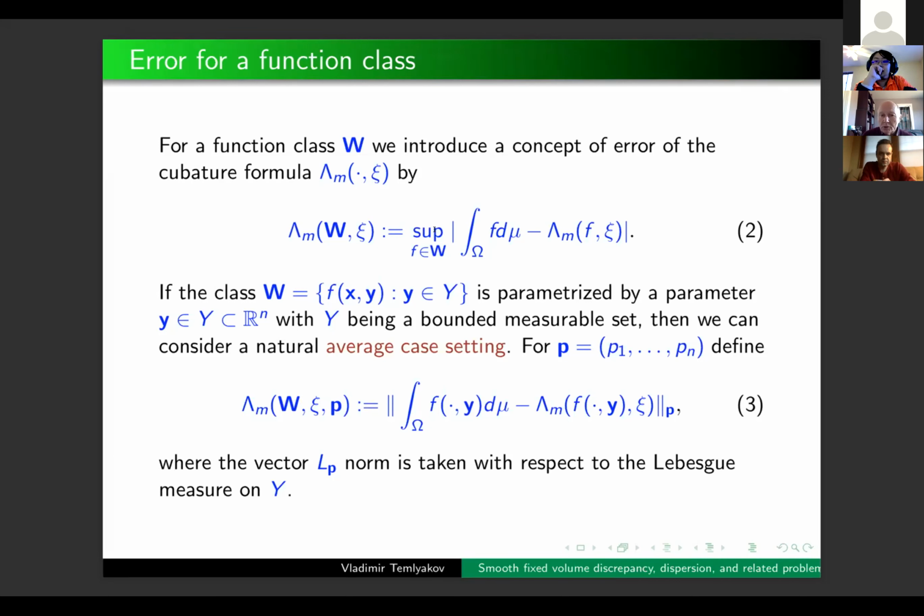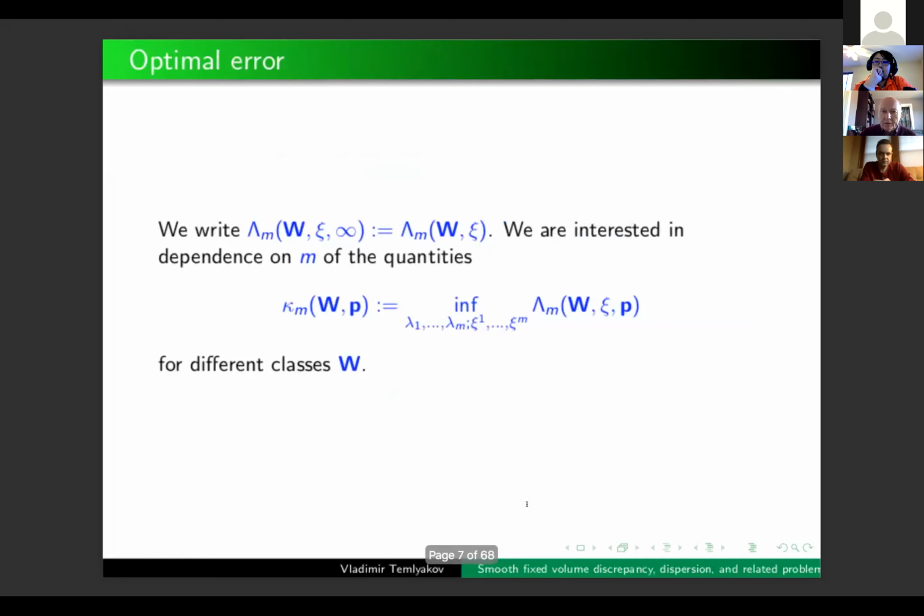So instead of the supremum, it will be the norm with respect to the parameter y of this error. And this is a remark on how we understand this measure. We can understand it in different ways, but the Lebesgue measure is a convenient one.